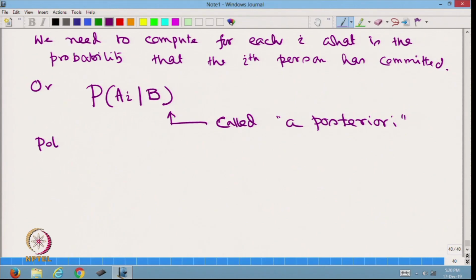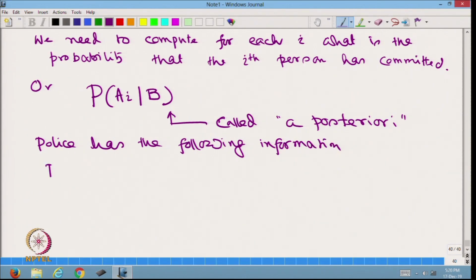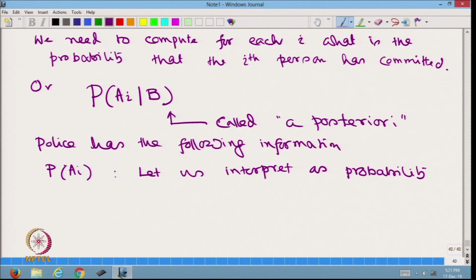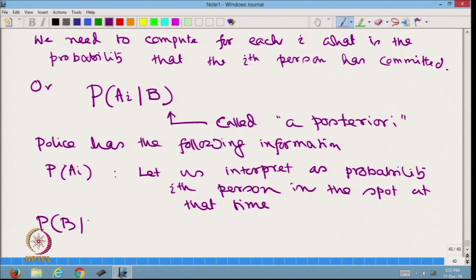Now, police has the following information: that probability of Ai, let us interpret as probability ith person in the spot at that time, and probability of B given Ai, that ith person commits the crime.